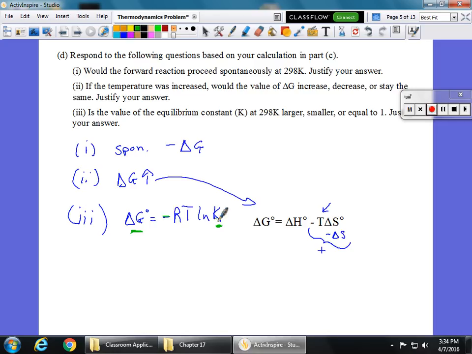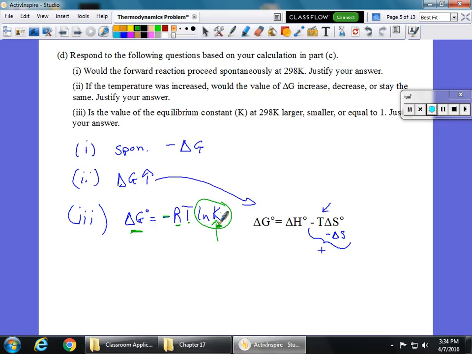So if you take this part of the expression, this is the only part that could be negative. Temperature can't be negative. That's always going to be positive because it's in Kelvin. Your R is always going to be positive, right? It's the K. If you have a K that is less than 1, that's going to give you a negative for ln K, which is going to give you a positive value for delta G.